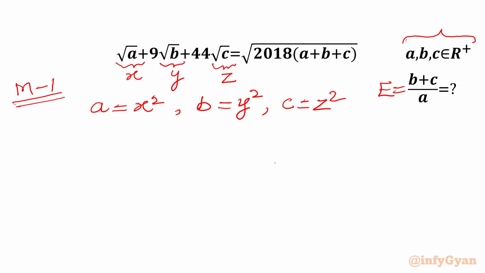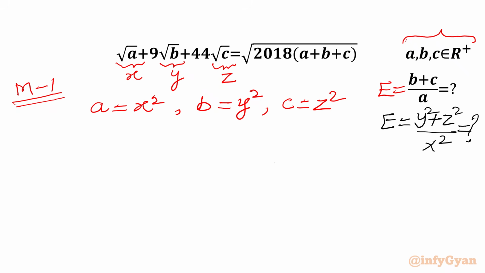Now we will write our required expression E in terms of x, y, z: it will be (y square plus z square) over x square. This is our target expression E.